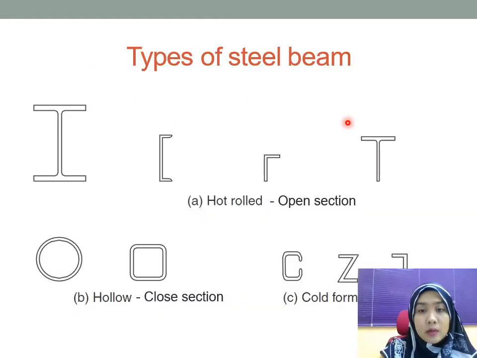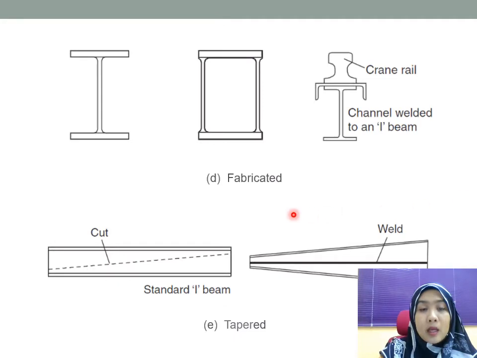Okay, there are several types of steel beam. The most commonly used steel beam is hot roll section, that is I section, and also hollow section, and it could be cold form section. And the beam can also be fabricated by welding. So for this one, the I section is welded, the box section, or we can also have standard I beam.